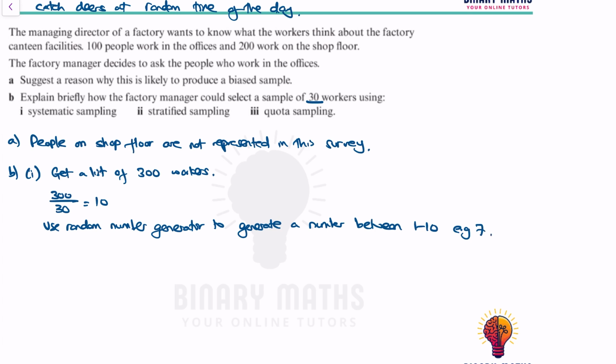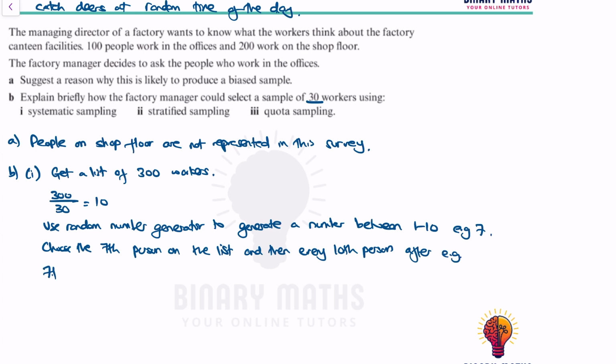Choose the 7th person on the list, and then every 10th person after. So e.g. you get 7th, 17th, 27th, and so on.